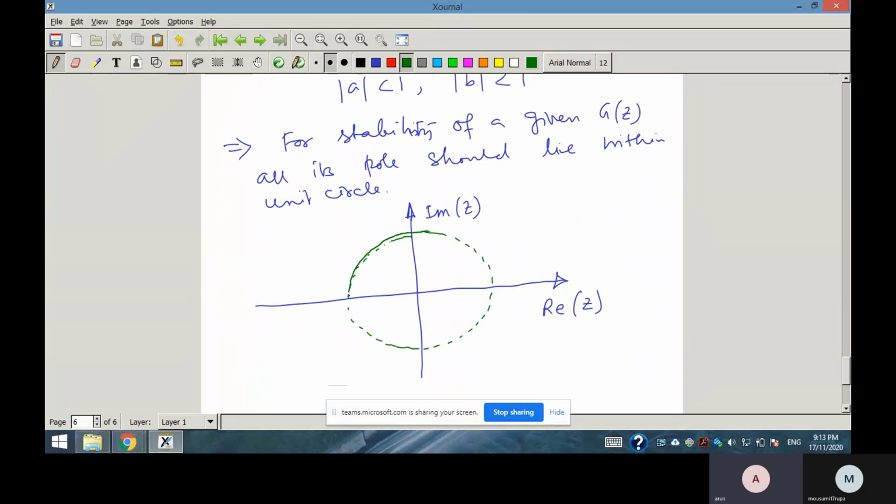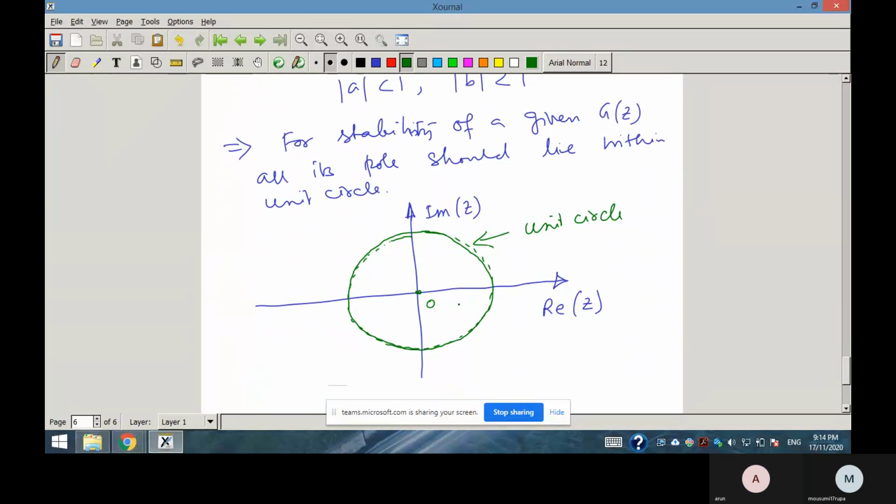This is your unit circle, and poles should lie within this unit circle.